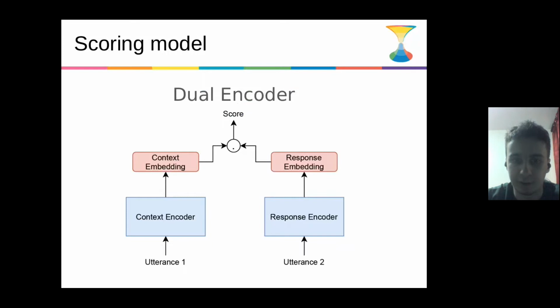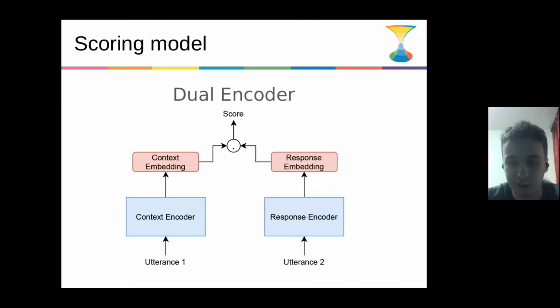So with this context encoder, we obtain a context embedding. And then similarly, for each response in our response set, we use a response encoder model and we obtain a response embedding. And then we perform some sort of operation between the response and the context embedding to obtain a score. This operation can be something such as a dot product.